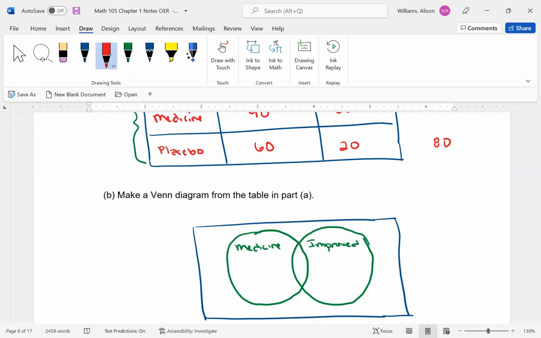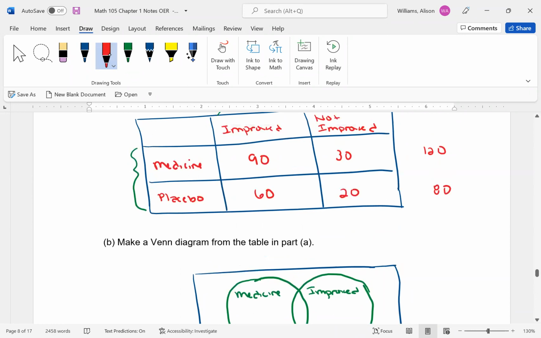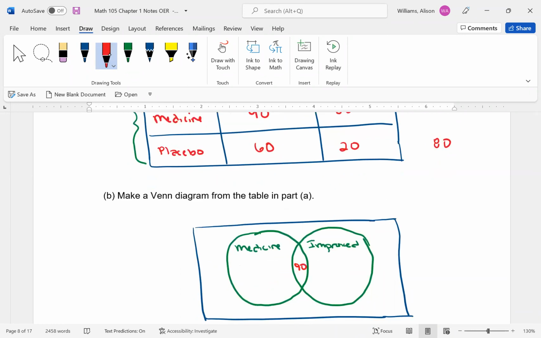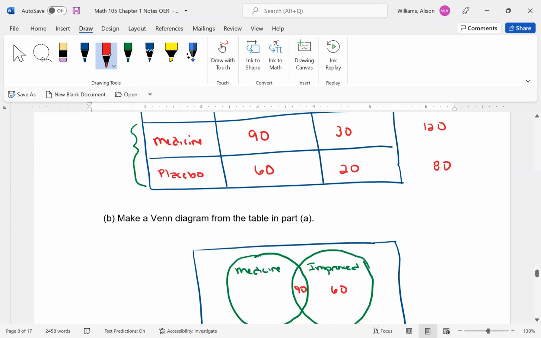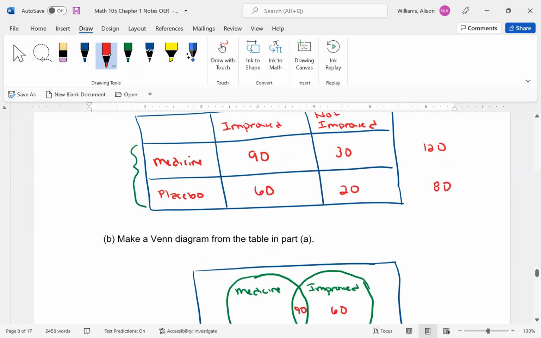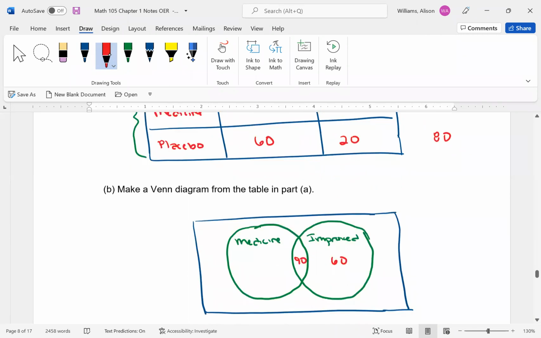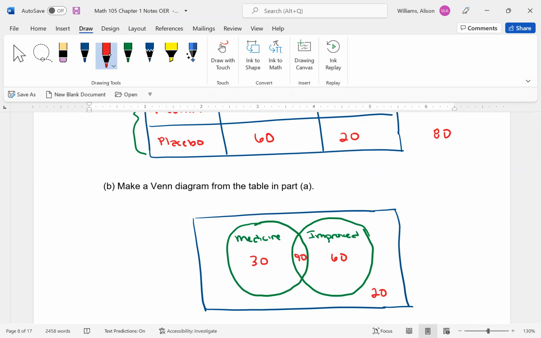We have people who fall into both medicine and improved, in the overlap between those. We have people who improved but didn't take the medicine. Those are the placebo people, and there were 60 of them. We had people who took the medicine but didn't improve. Those would be these 30 people. And those who didn't improve and took the placebo, those are those 20. So that's how I draw that in a Venn diagram.